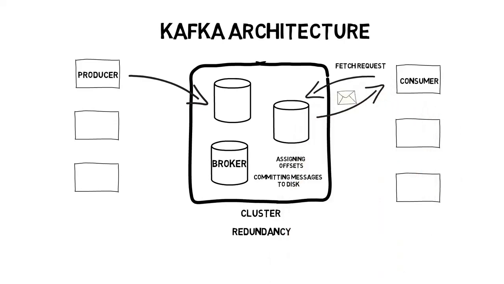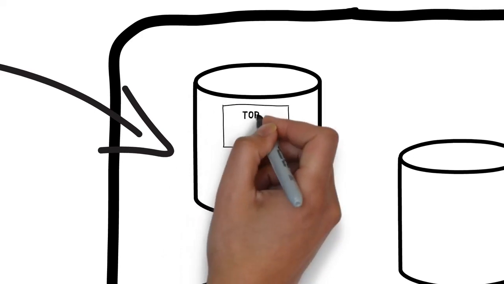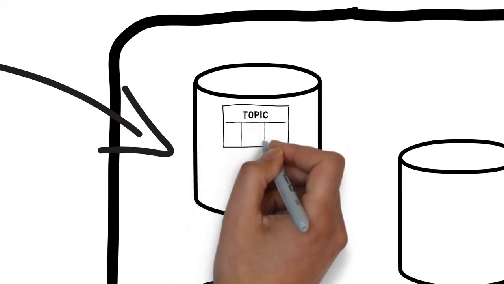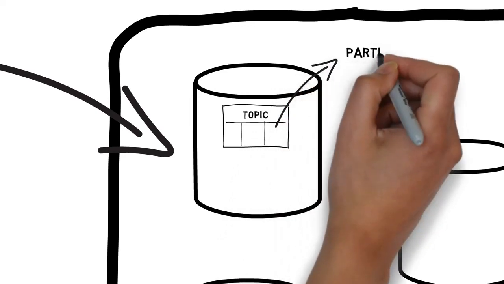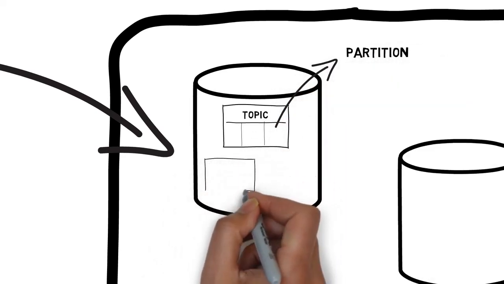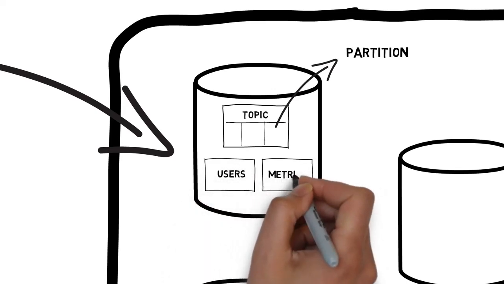In Kafka, when messages are sent to a broker, they are sent to a particular topic. Topics provide a way of categorizing data that is being sent, and they can be further broken down into a number of partitions. For example, a system can have separate topics for processing new users and for processing metrics.